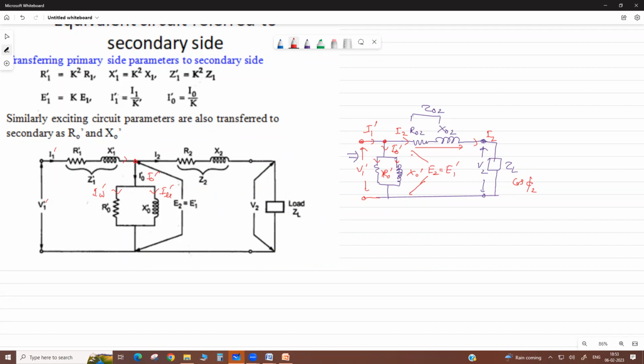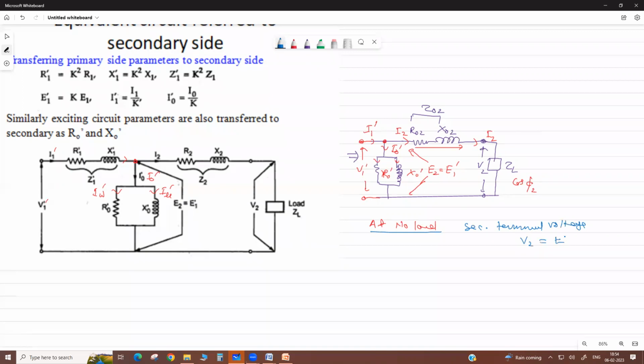So now, as referred to the secondary side, this is the no load terminal voltage. At no load, what is your secondary terminal voltage?